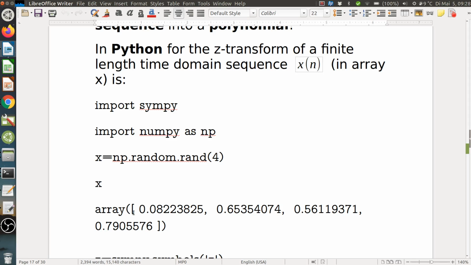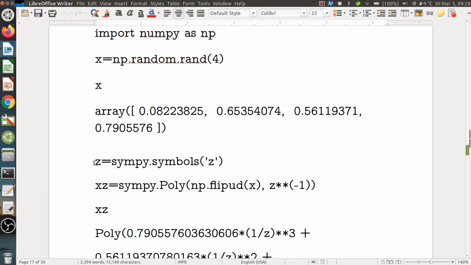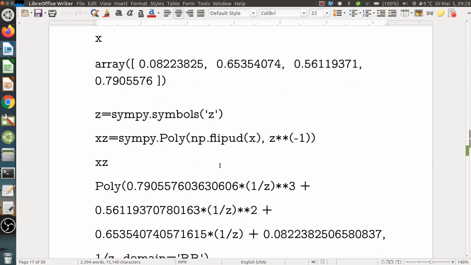So now the x consists of those 4 numbers. Doesn't really matter what numbers. And now we define the symbolic variable z using sympy. So you can see z is defined as sympy.symbols of the letter z. Right? So this tells sympy that it's a symbol and not a variable.